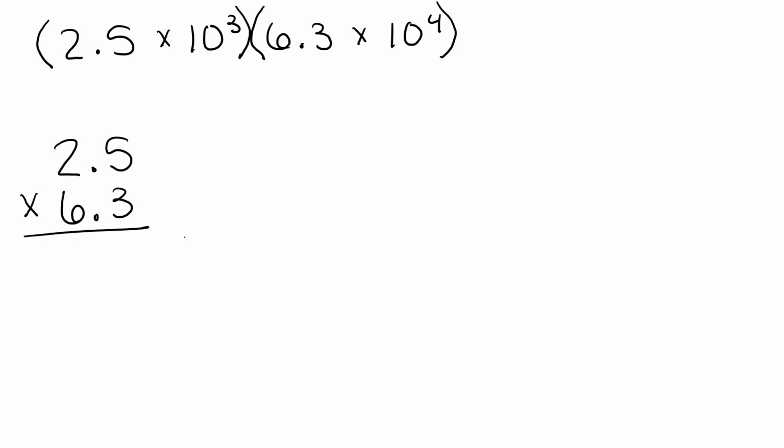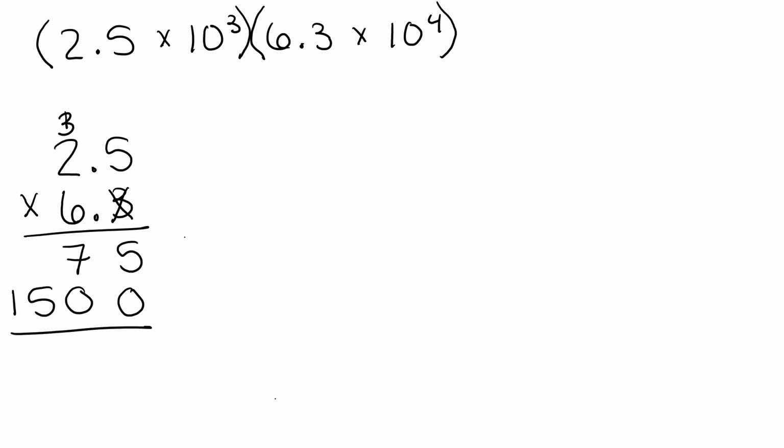2.5 times 6.3. 3 times 5 is 15. Put down my 5, carry my 1. 3 times 2 is 6, plus 1 is 7. We are done with the 3, so we add a placeholder value. 6 times 5 is 30. Put down the 0, carry the 3. 6 times 2 is 12, plus 3 is 15.